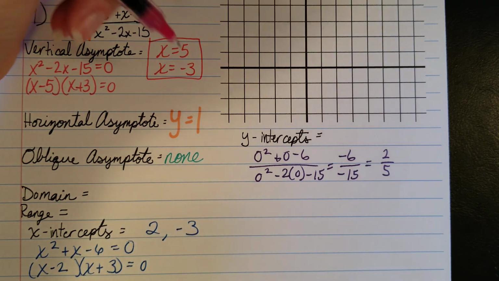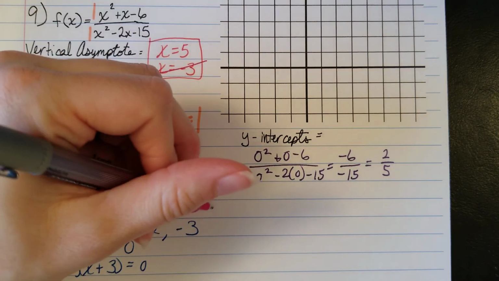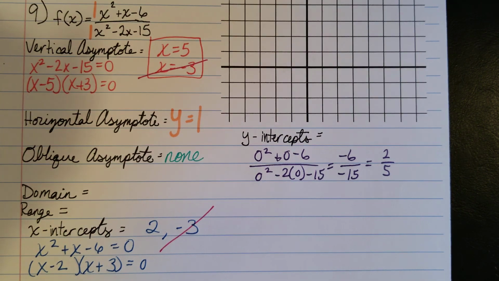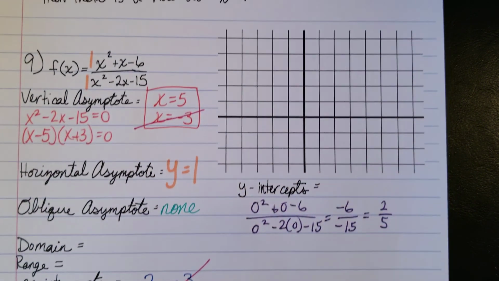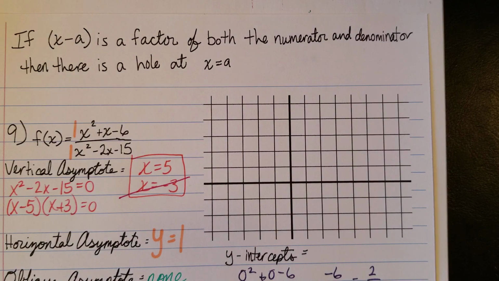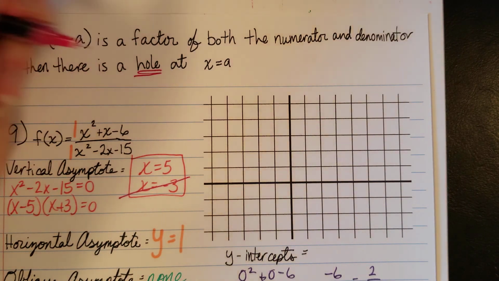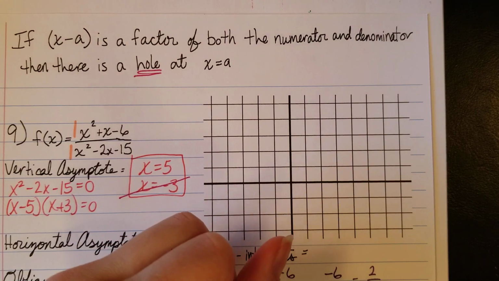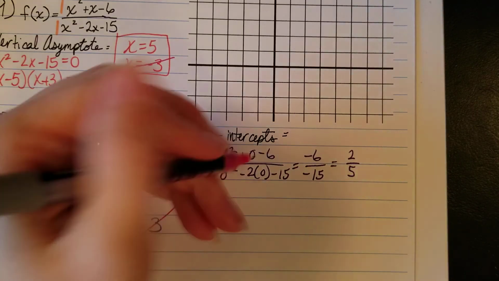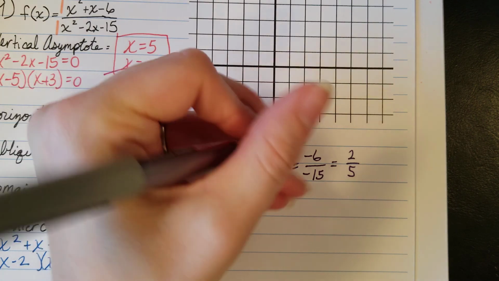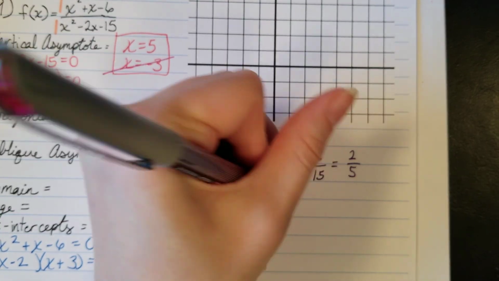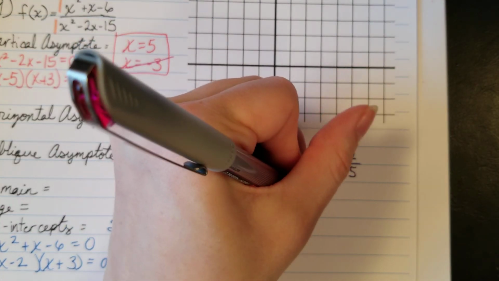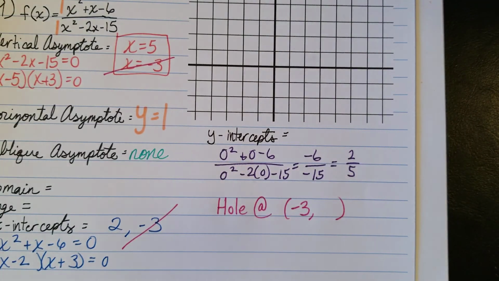Okay, so all right, what we do have is a hole at where the x value is negative 3.